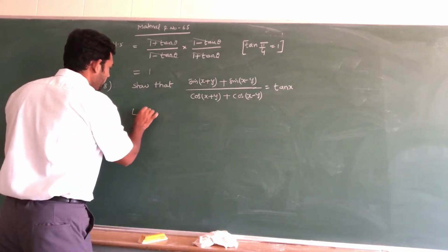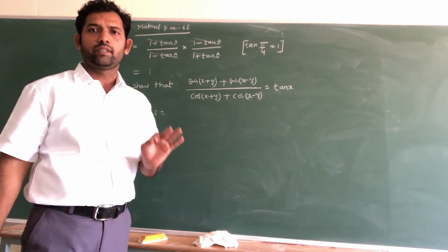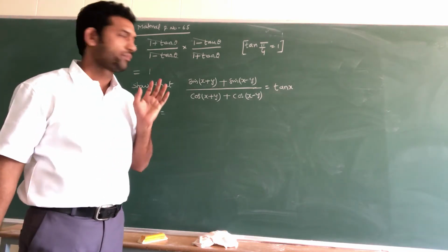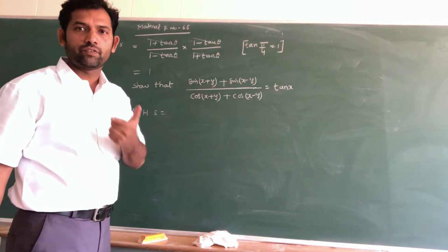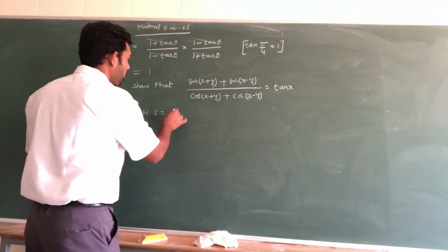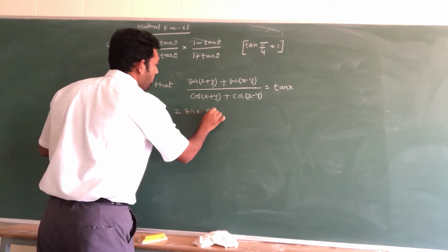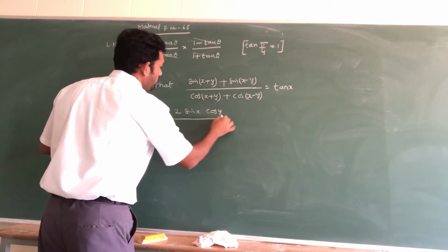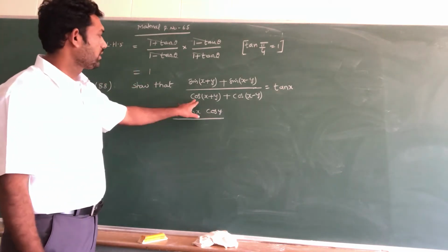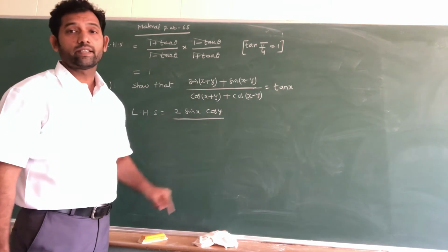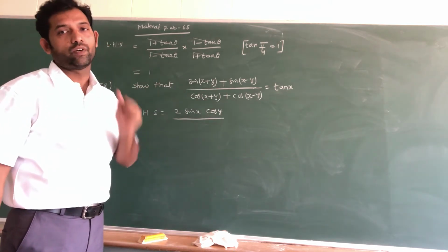So take the LHS value. It is completely based on formulas. sin(x plus y) plus sin(x minus y): what is our formula? It is 2 sin x cos y. Again cos(x plus y) plus cos(x minus y): what is our formula? You see the transformation formulas.